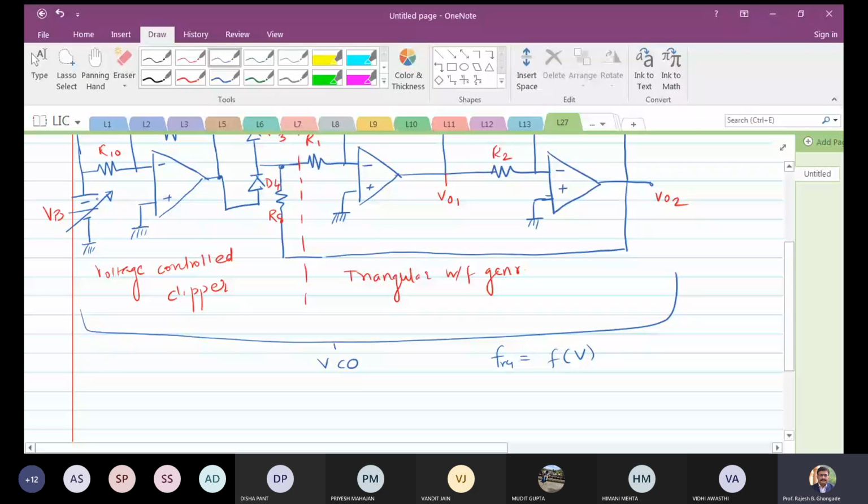So we have this VB, which is variable. We normally call it a bias. It's a control voltage.